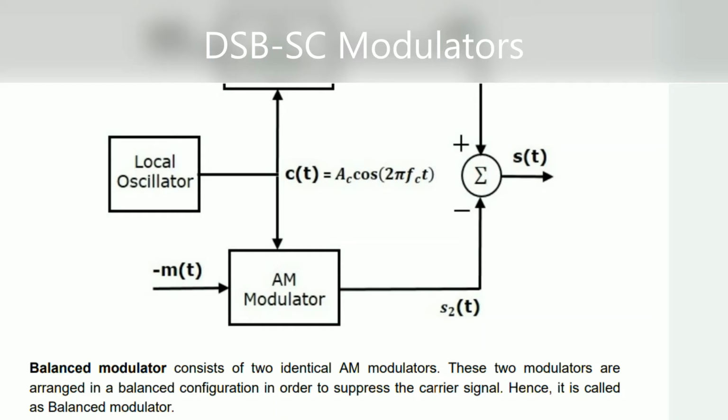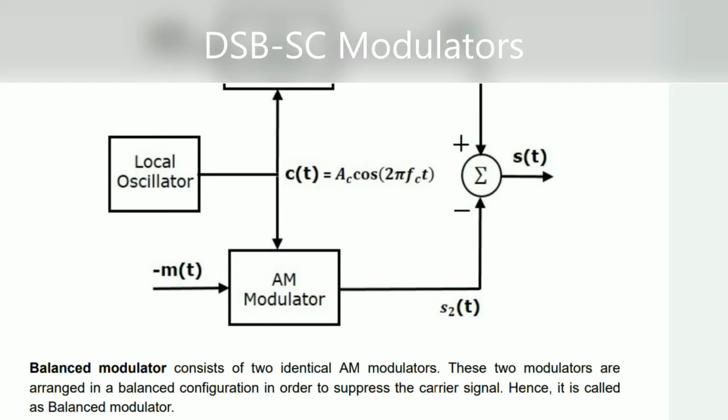The carrier signal is given to both modulators, with c of t, that is Ac cos 2 pi fc t. So that carrier signal is common to both the modulators.